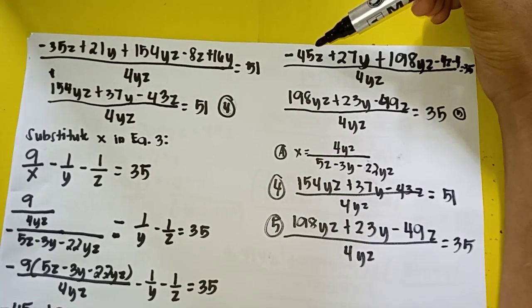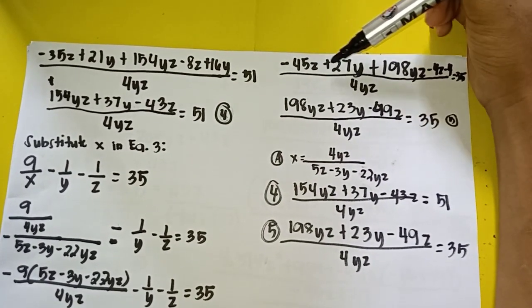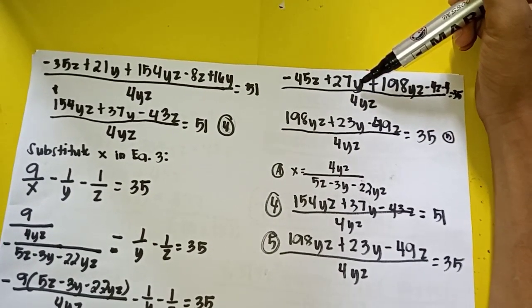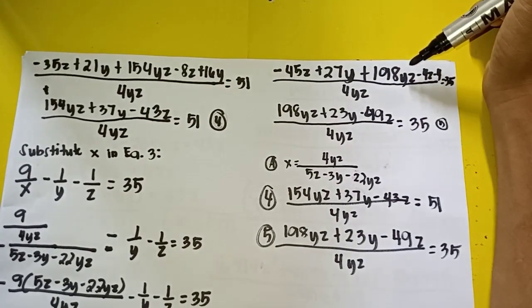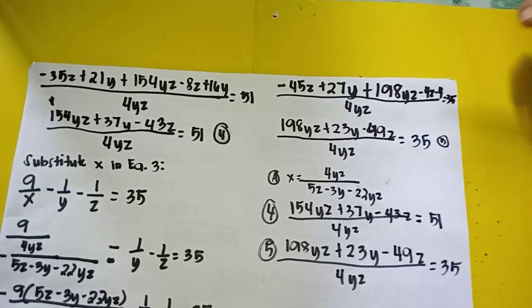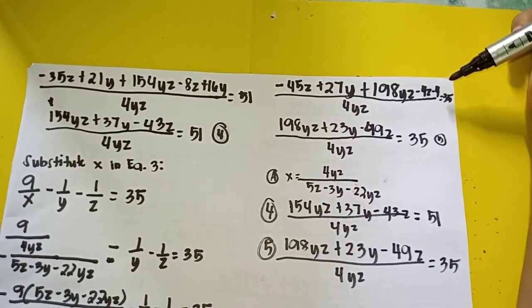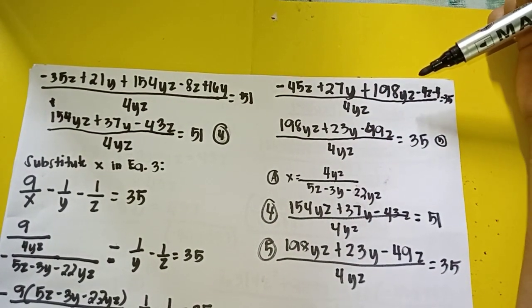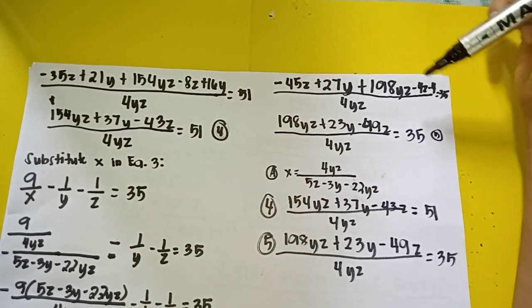The next, negative 45z plus 27y plus 198yz minus 4z minus 4y over 4yz equals 35.